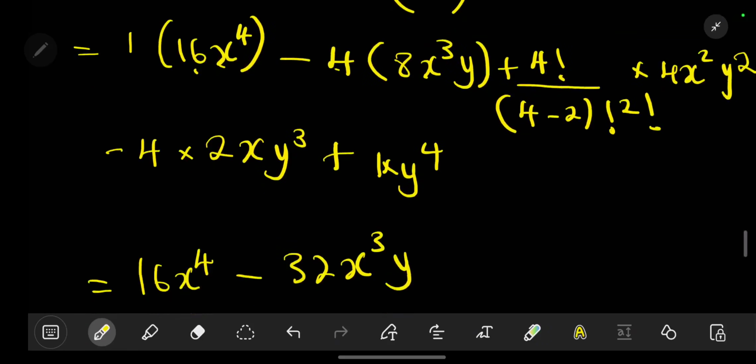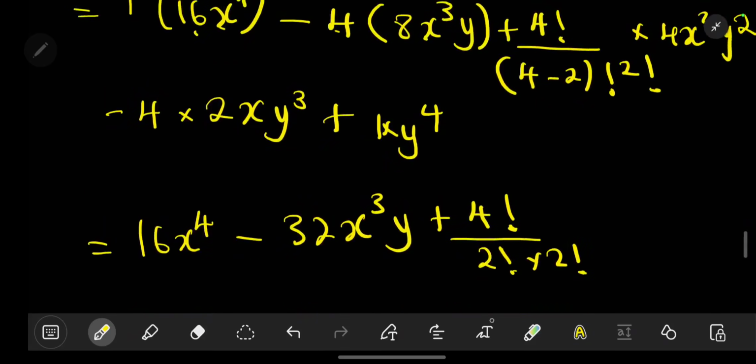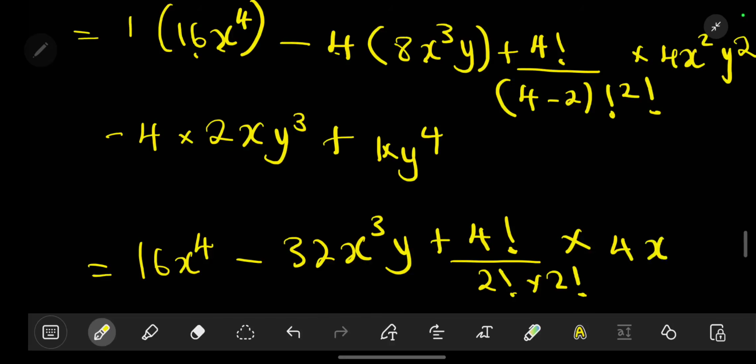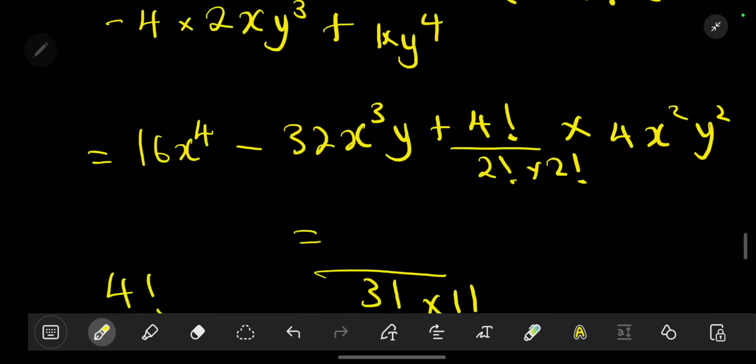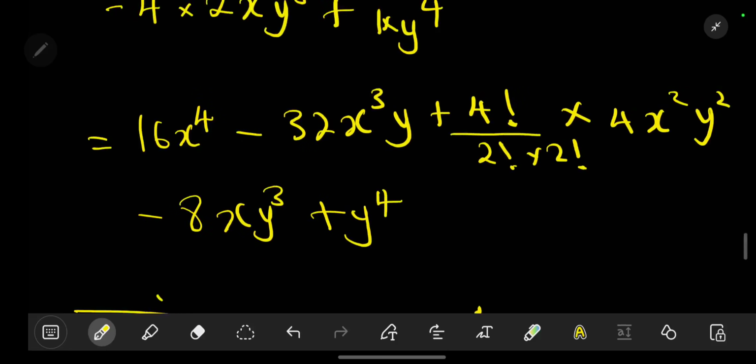Then here we have plus 4 factorial over 4 minus 2 is 2 factorial times 2 factorial like that, then we are going to have times 4x squared y squared. Then we have minus 4 by 2, that will be 8xy cubed. Then we have plus our y to the power of 4. So we are just remaining with this value.